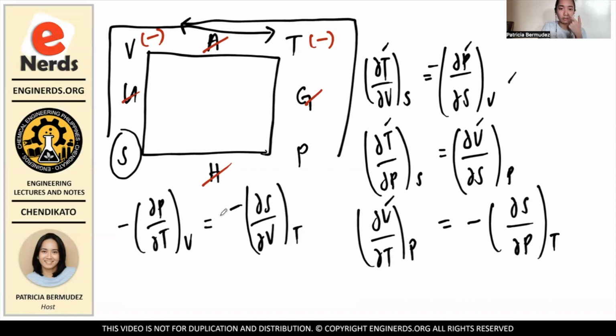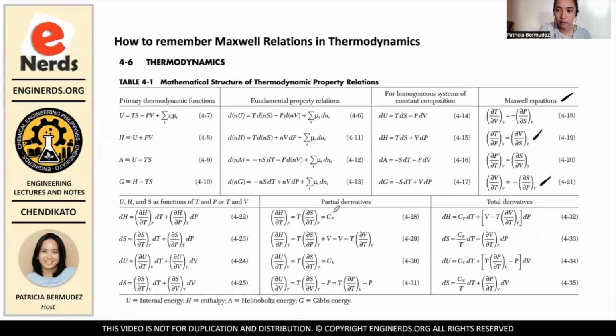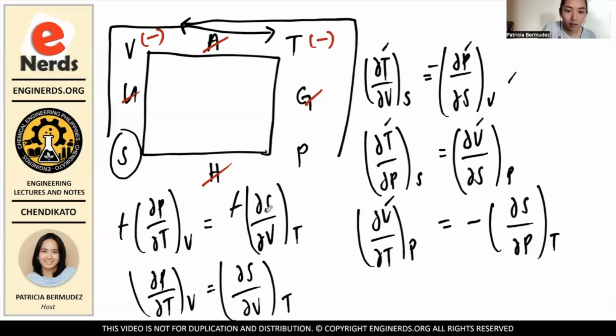And since negative appeared on both sides, we can cancel it off. And therefore, the partial of P over partial of T at constant volume is equal to the partial of S over the partial of V at constant temperature. And is it correct? Yes. And that is our last Maxwell equation that we have derived. And that is how you remember the Maxwell relations using this mnemonic here.